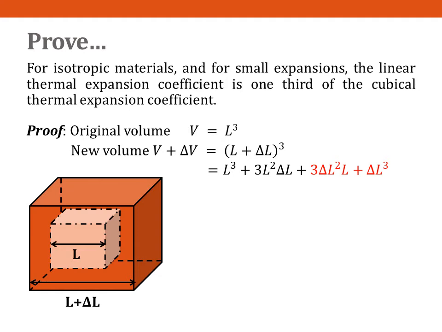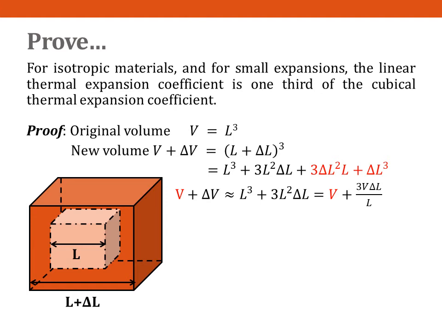The last two terms contain higher order terms of delta L, and therefore delta L being small, we ignore the last two terms, and therefore we have V plus delta V to be equal to L cube plus 3L square delta L. We substitute V for L cube in the next equation, and for the second term 3L square delta L, we multiply and divide by L.